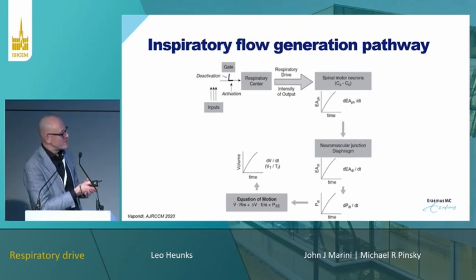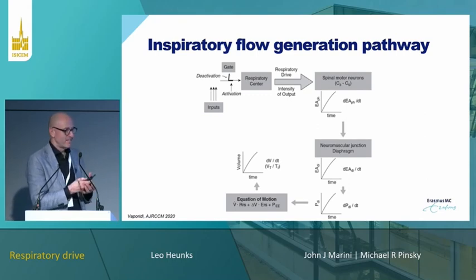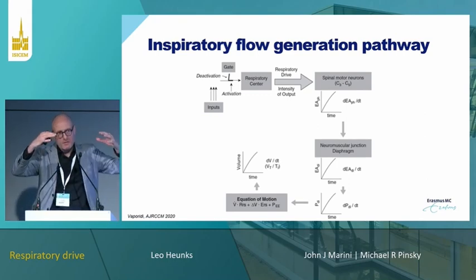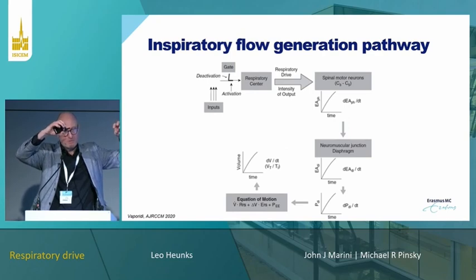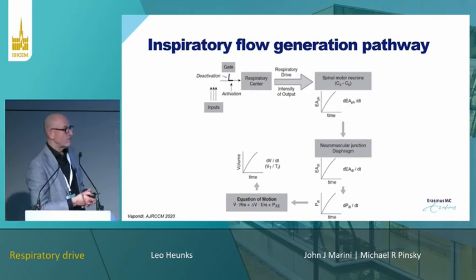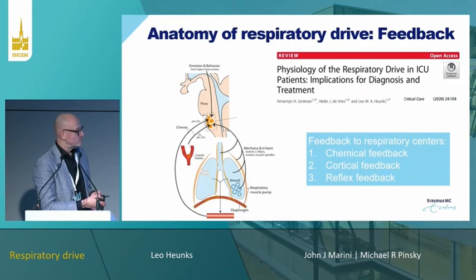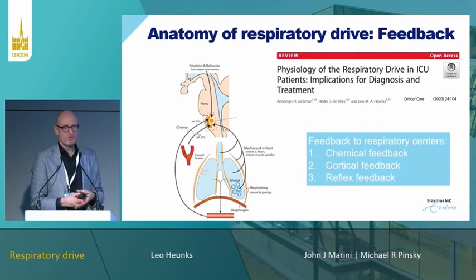The respiratory centers activate the spinal motor neurons, activation of the neuromuscular junctions, electrical activity of the diaphragm, generation of flow, and in the end, generation of volume. So there are a lot of steps from respiratory drive to the generation of inspiratory flow. I think this is important as well.